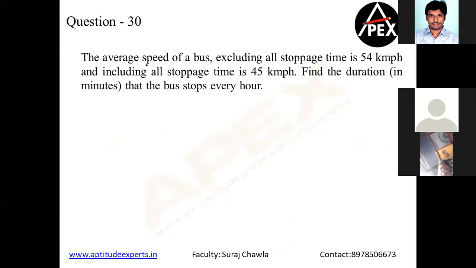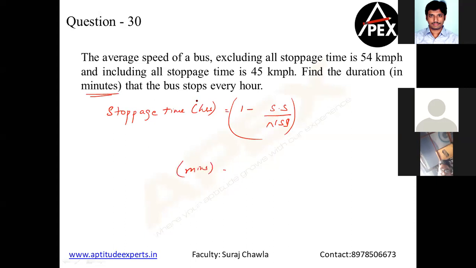Okay. Now I repeat once again the formula. I'm sure you will definitely prefer the formula. Even I do prefer the formula. So my stoppage time in hours, please focus on this. If it has to be in hours, it is 1 minus stoppage speed by non-stop speed. Clear? But if the question is asking you in minutes, simple, I got these many hours, right? So if I'm looking at minutes, I'm multiplying by 60.